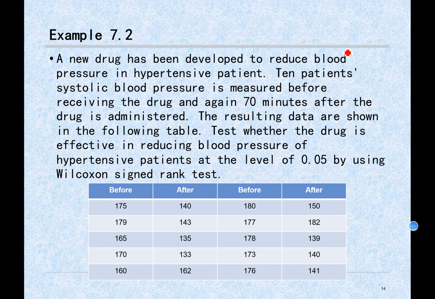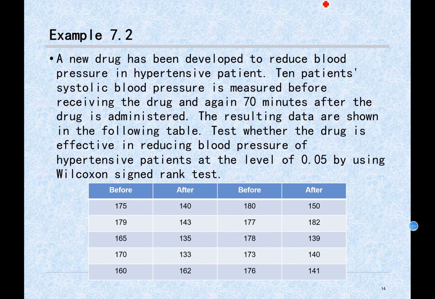Okay, so you can read the example by yourself. I think you have finished that.